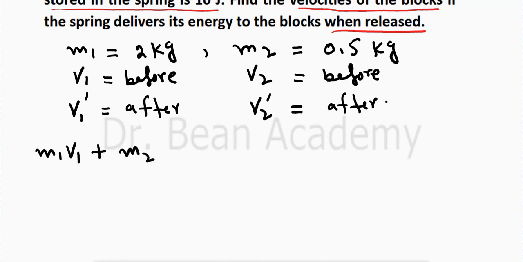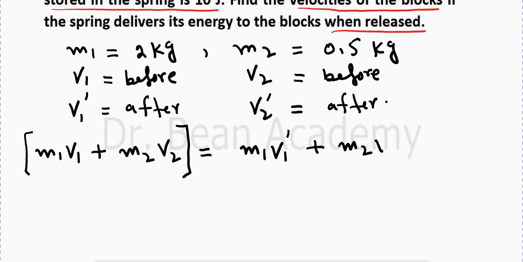I will add the momentum of the second mass, m2 v2, and this is the total momentum of the system before the event, and it should be equal to the total momentum of the system after the event when I release my forces from the sides. The momentum of the first mass after the event is m1 v1 prime. Similarly, I will add the momentum of the second mass, m2 v2 prime.